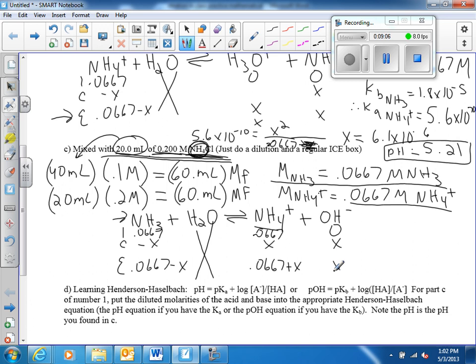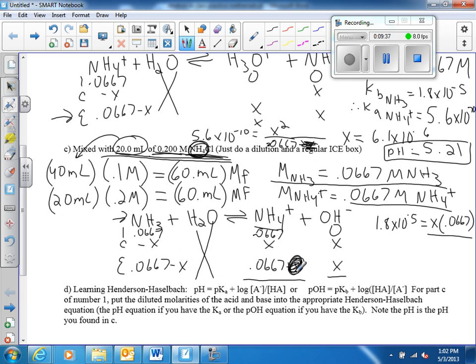Okay, so my ending concentration, actually this one you should have been able to do. This is straightforward. This was on your test. We have Kb, 1.8 times 10 to the minus 5, is x times 0.0667 plus x, but I'm going to ignore this plus x because we're assuming x is small.